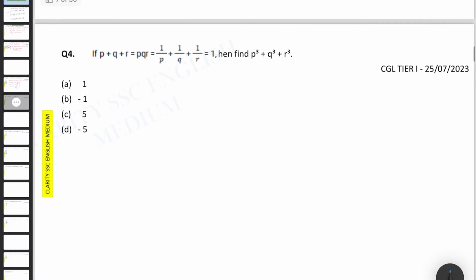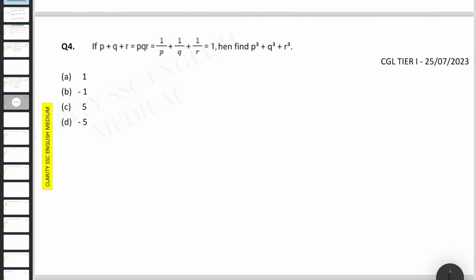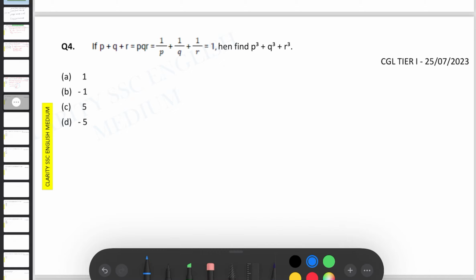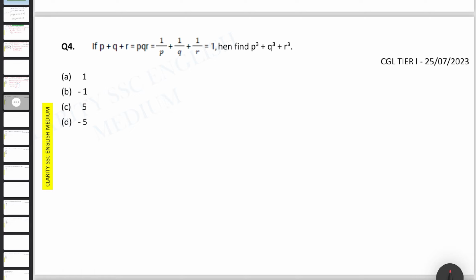Let's see question number 4. If p plus q plus r is equal to pqr is equal to 1 by p plus 1 by q plus 1 by r is equal to 1. Let me write this. Here we can deduce that p plus q plus r is equal to 1. pqr is equal to 1 as well, because it's written in the question.